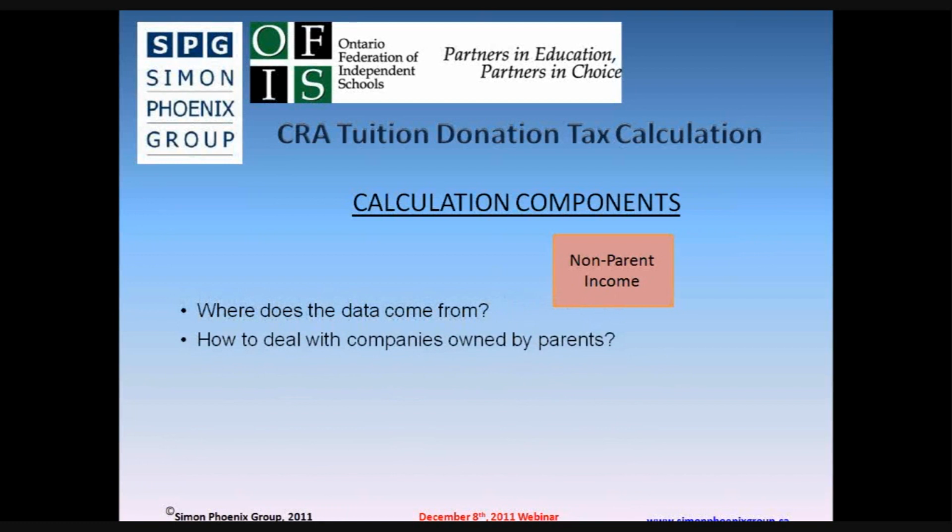How to deal with companies owned or controlled by parents? Limited corporations, limited liability organizations are legally separate entities, and just because they may be controlled by a parent, any donations coming from those organizations should be viewed by CRA as being non-parent income.